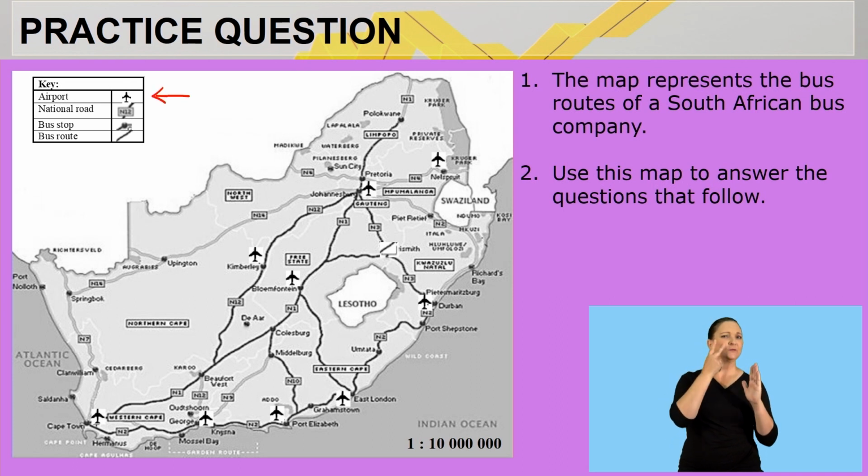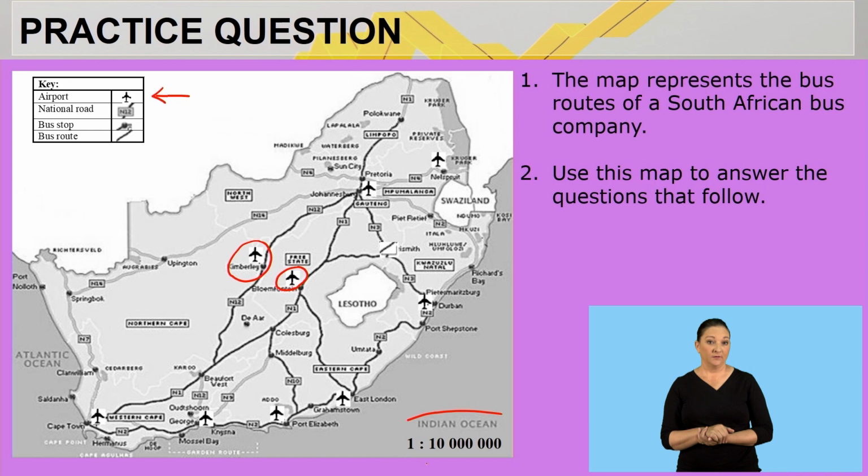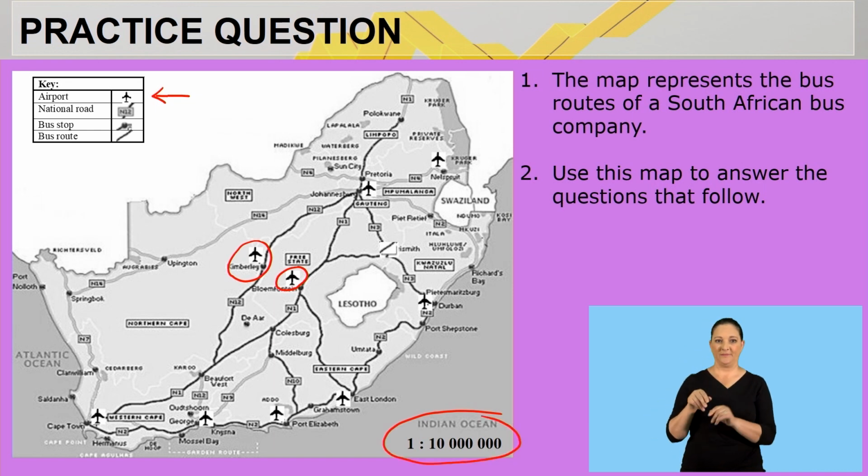There we can clearly see airport is indicated, national road, bus stops, and then the bus route. We are also given a scale of 1:10 million. So I took a few seconds just to get familiar with what is presented to me.